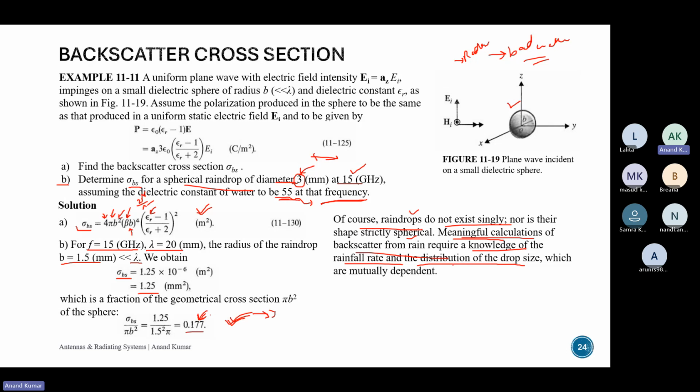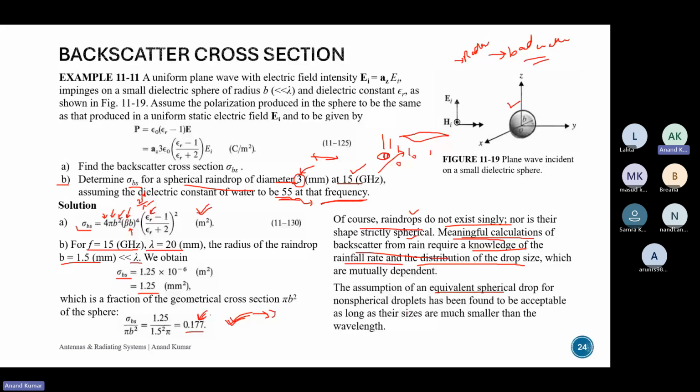But again, the assumption of this spherical shape and all this is fine. If you do it more properly, it will still show that the radar cross section for rain is very small as compared to their actual area. So this is fine. So we can use radars under bad weather as well.